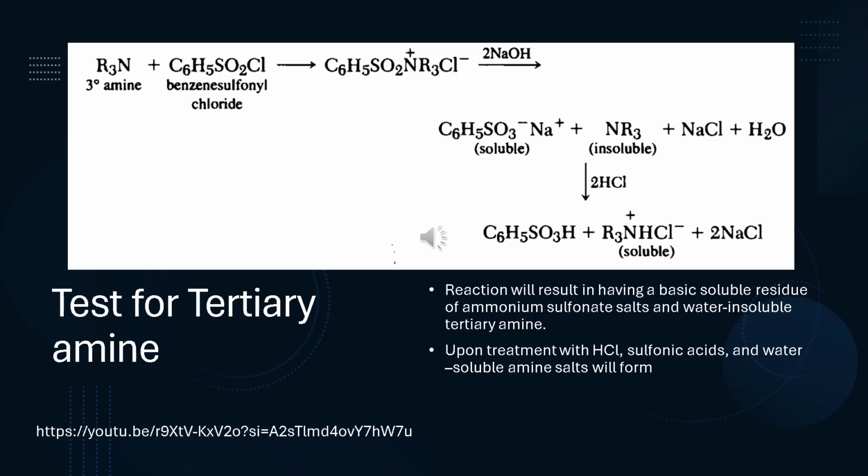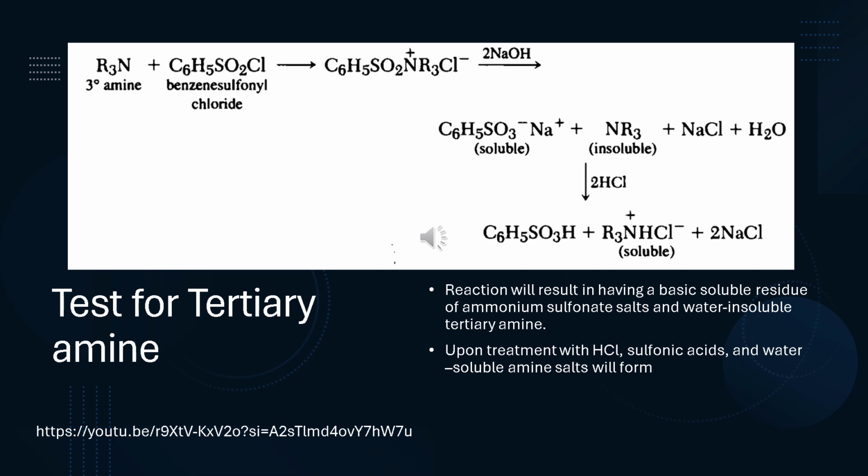So if the unknown is a tertiary amine, it will react with benzene sulfonyl chloride to form a basic soluble ammonium sulfonate salt. So we won't see the residue of the salt in the test tube, since it will be dissolved in the NaOH solution.